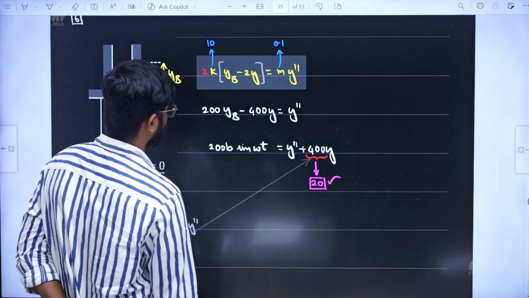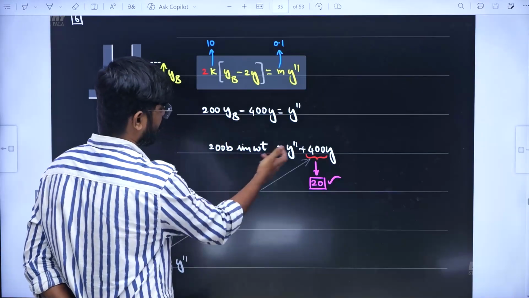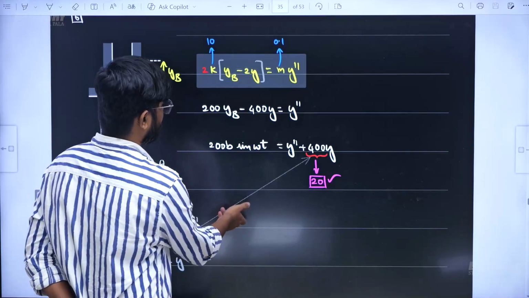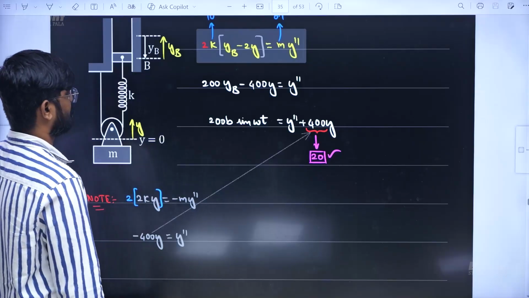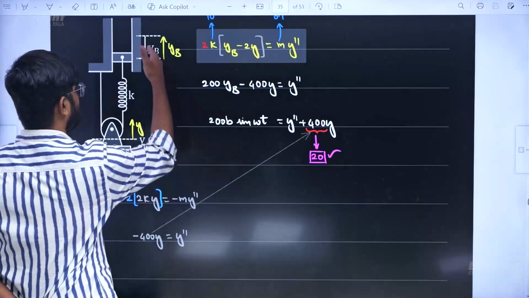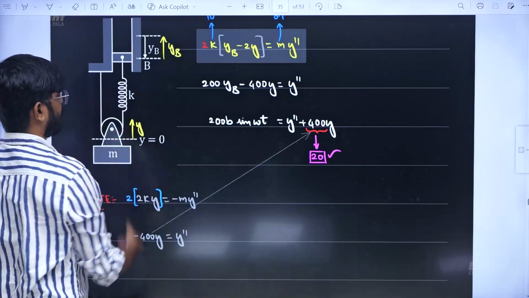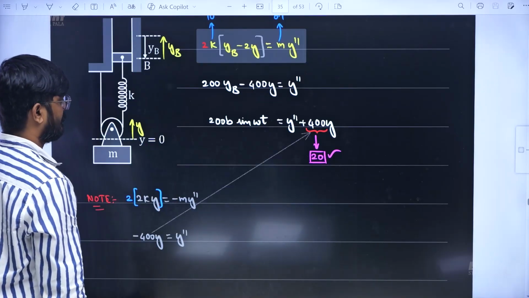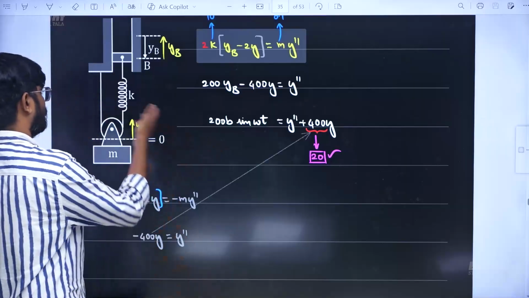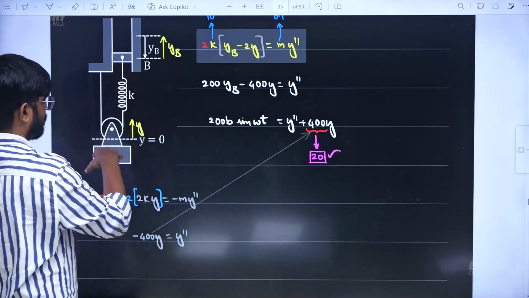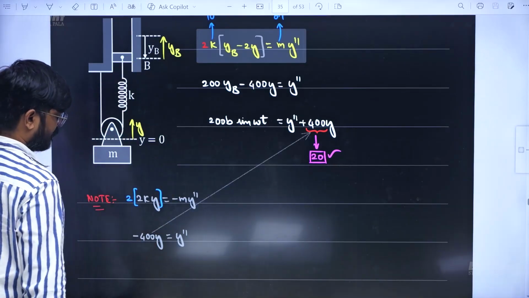Now you can see it's a second order differential equation, yb value is substituted. So we need to solve it, or you can understand it is going to be some kind of resonance situation. So the frequency with which you need to vibrate should be equal to the natural frequency of the circuit. Natural frequency, or you can see from here itself, if you simply see this is fixed and what is the natural frequency of the circuit, it is going to be 2k by m.